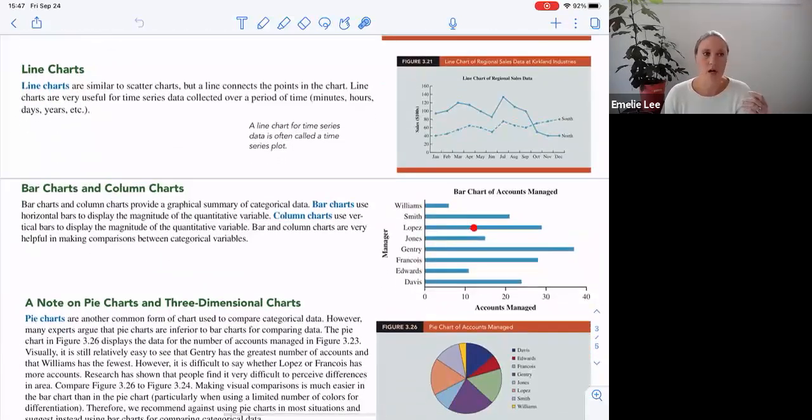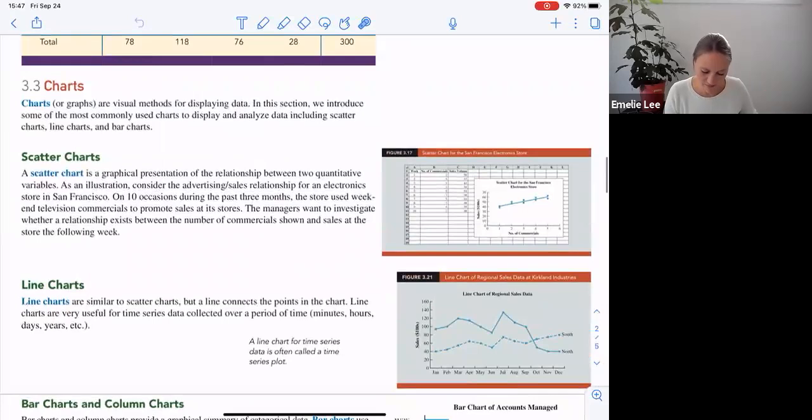Bar charts or column charts should look something like this. I know I'm out of time, so I don't want to start anything fresh, but have a read through the charts and familiarize yourself with the names and what they should typically look like, and then we'll start from there.